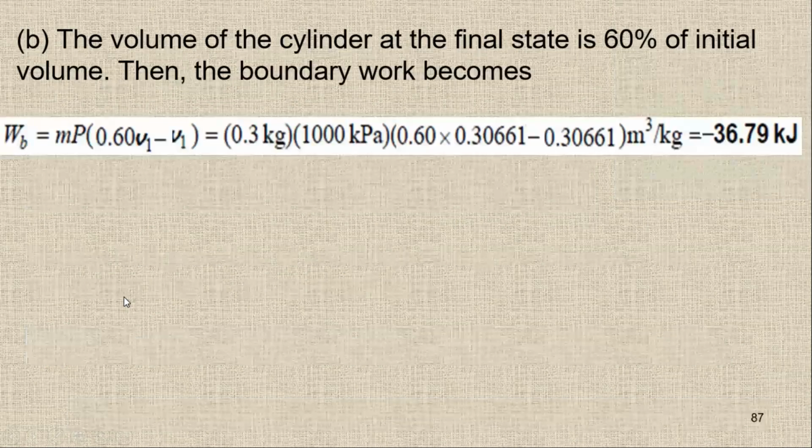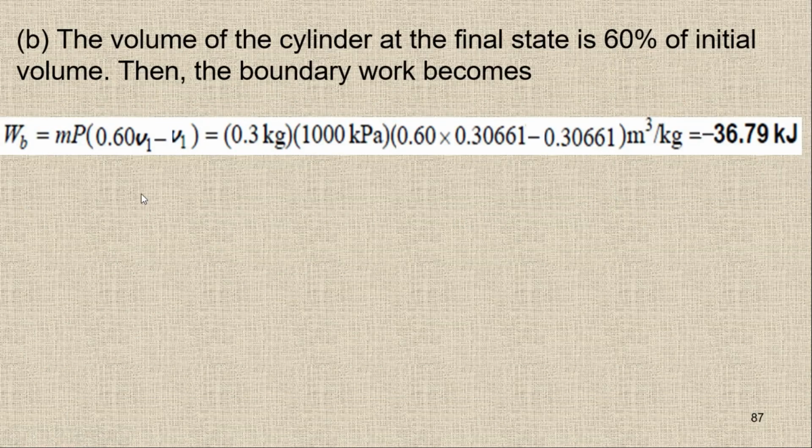So here, the boundary work will be the pressure times the volume. We have V2, which is 60%, so it means 0.6 of V1, minus the initial volume, and we have m. So here we have m, P, and the final volume, 0.6 times 0.30611, minus the initial volume.